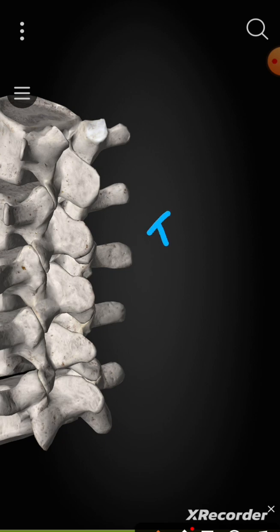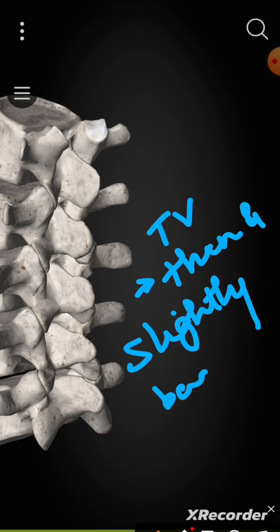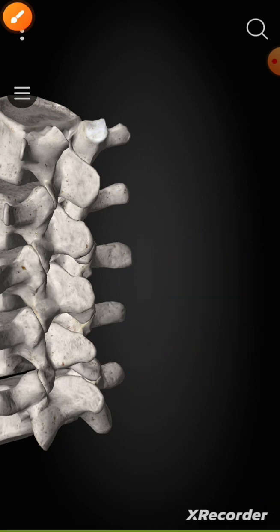Now the transverse process here is thin and slightly backward, which actually represents what?